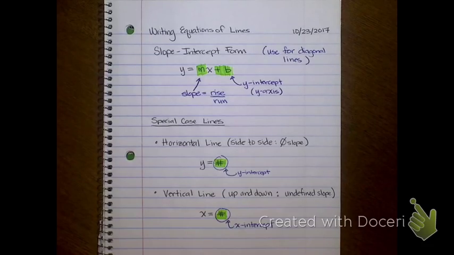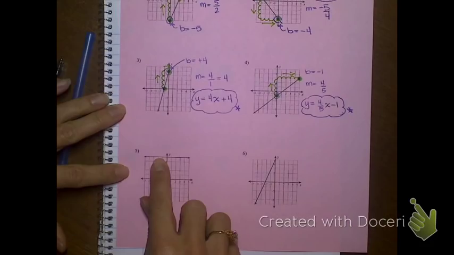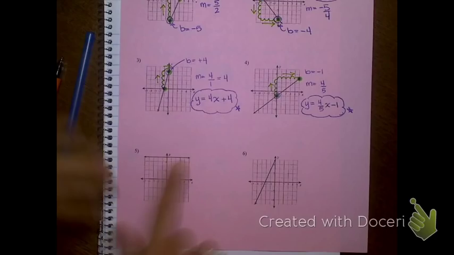Okay, so let's take a look at this line we have in example 5, and we are going to see how we're going to write its equation. Here's your line. It's up top here. Is that line horizontal or vertical? Horizontal, right? So in a horizontal line, we're writing y equals a number.